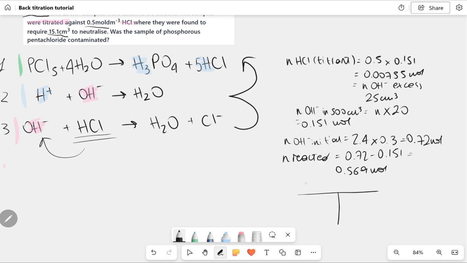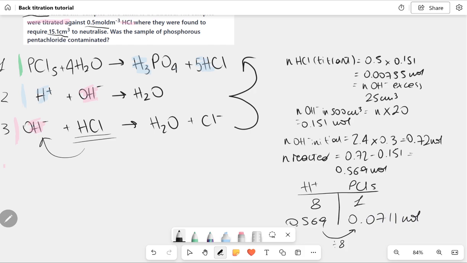If we look at the H plus and the PCl5, we see a ratio 8 to 1. So if the moles of the acid is equal to 0.569, because hydroxide and H plus react in a 1-to-1 ratio, we need to divide it by 8, and these will be the moles of the PCl5.